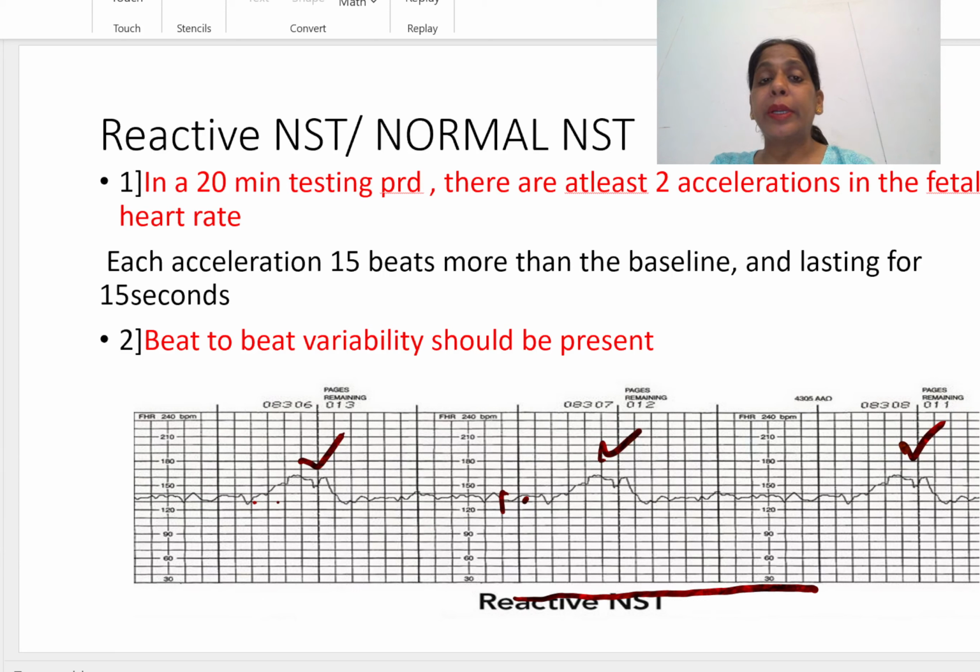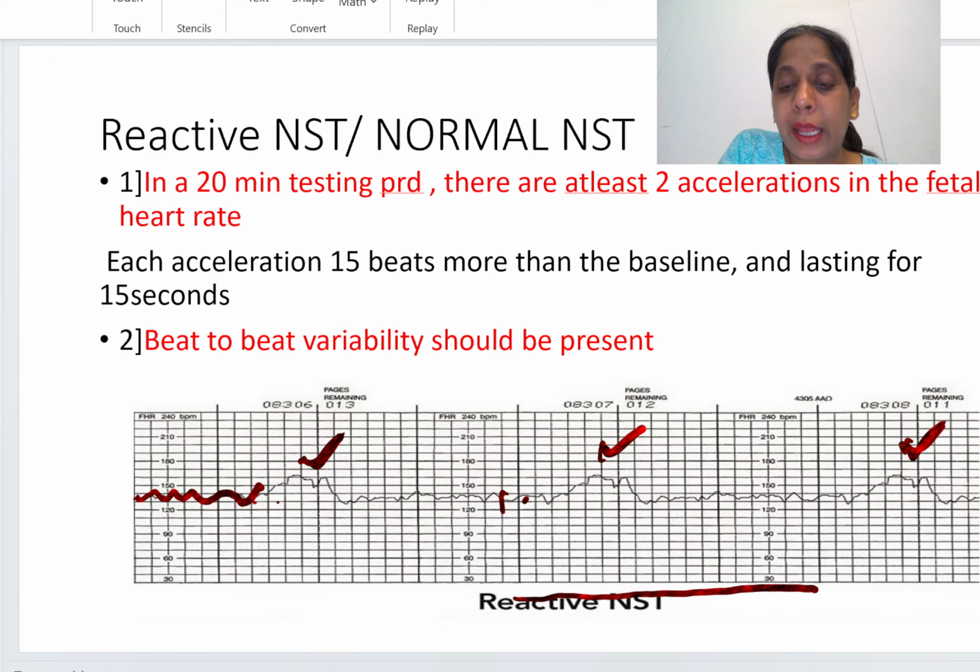So in a 20-minute testing period, that's the minimum testing period, at least 2 accelerations in the fetal heart rate should be there. And to which rise do we say that this is an acceleration? You are saying that here also the fetal heart rate is rising, but we are counting only this rise. Why is it so?